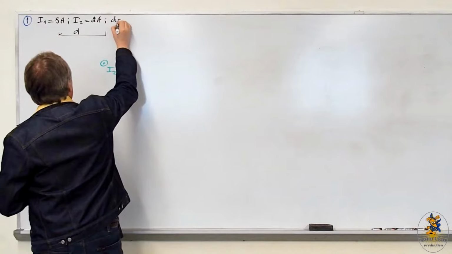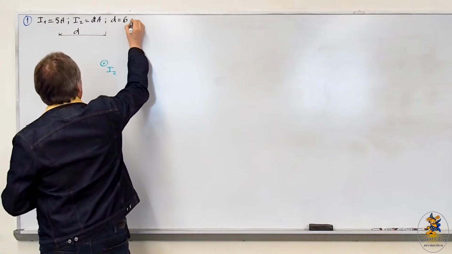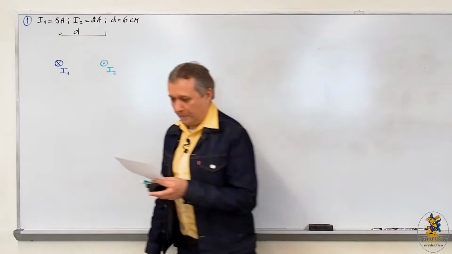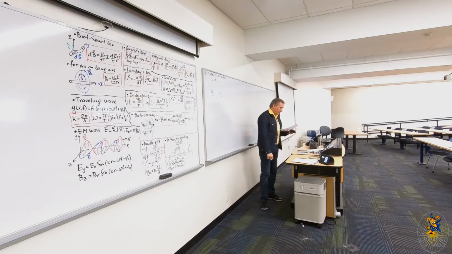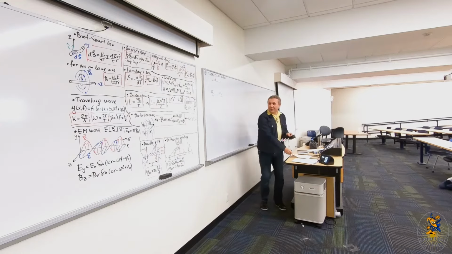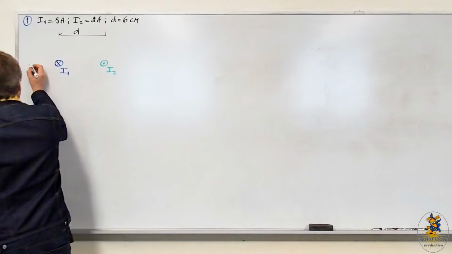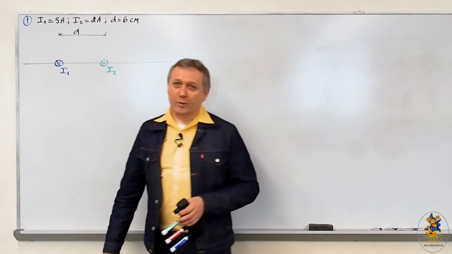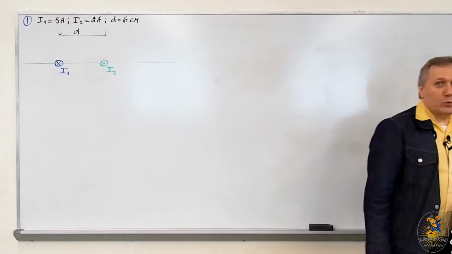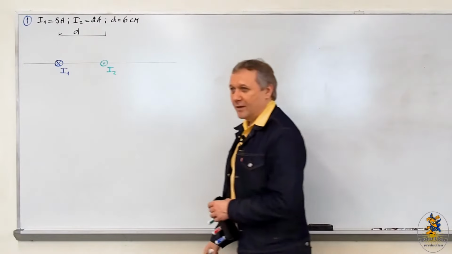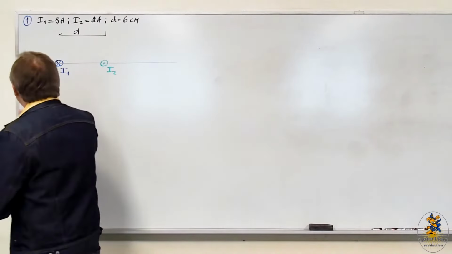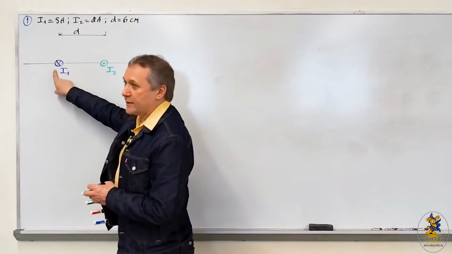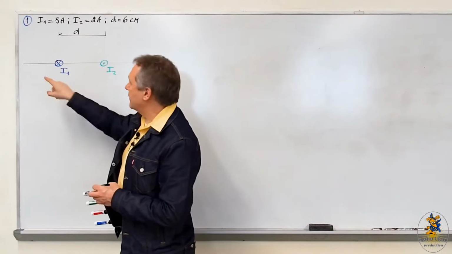D equals, I think, 6 centimeters. Okay, so now, if we take this line, we need to answer the question: at which point will the net magnetic field produced by this wire and that wire be 0?